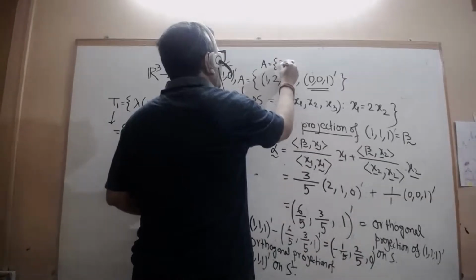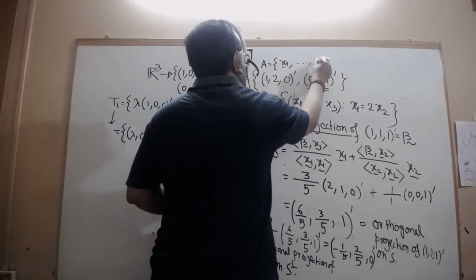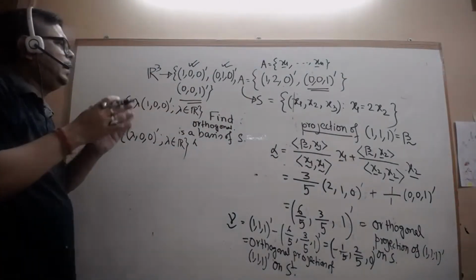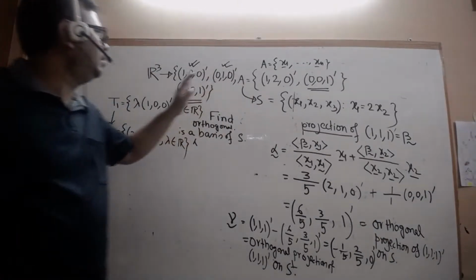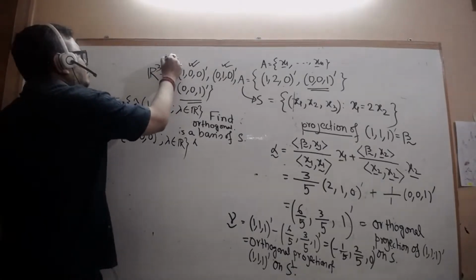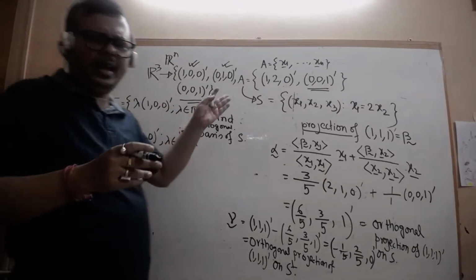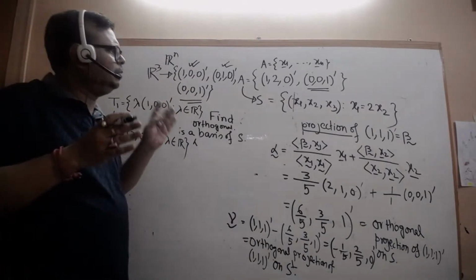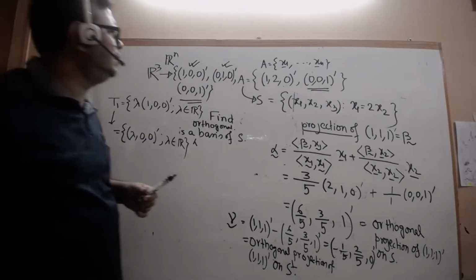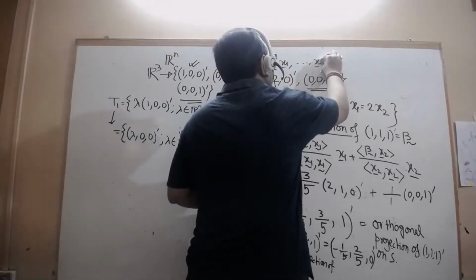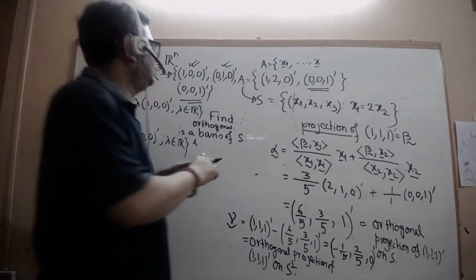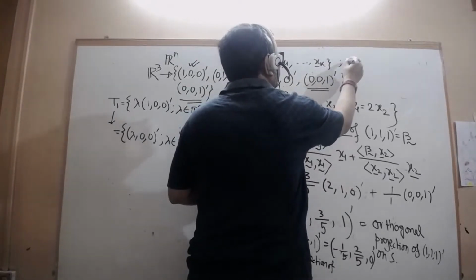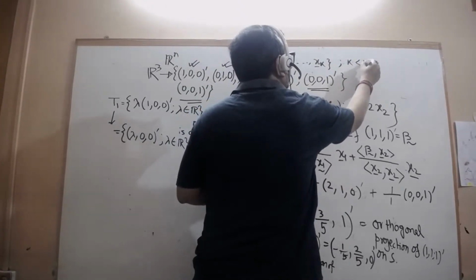Suppose S consists of k vectors. These k vectors give the basis of S. Forget about R cube. I consider Rn. So S should be a subset of Rn, so that means it has a basis. The number of vectors in a basis should be less than n because it is a subspace.